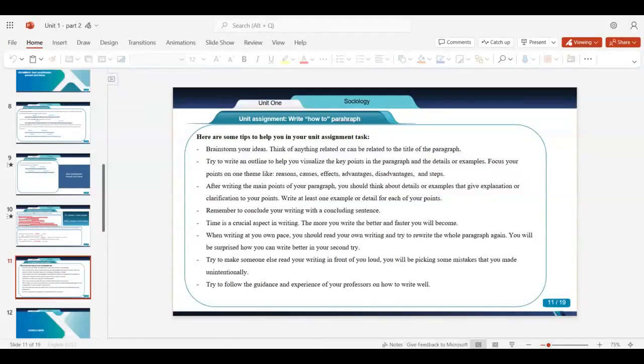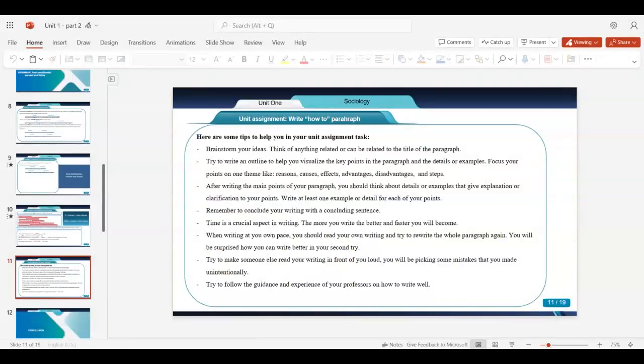Make ideas related to your topic. Think about all the ideas you want to mention in your writing. Then choose and write keywords, not within the paragraph, on side paper. Take an extra note paper and write on it.